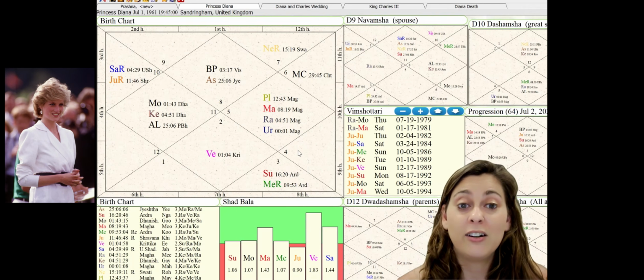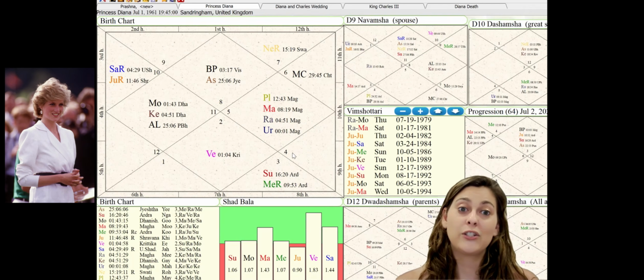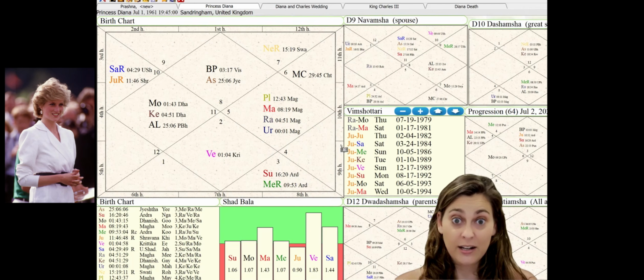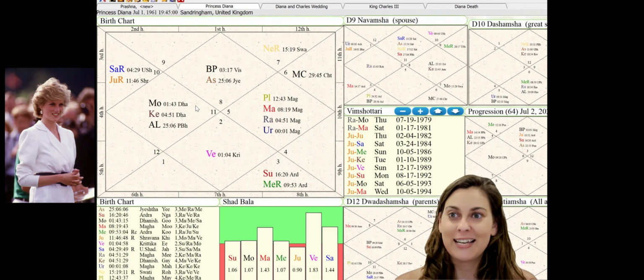And so if we look at her, the 9th house is also the father, and it's in Cancer, showing that she saw her father as Cancerian, an emotionally nourishing, safe space. The ruler of Cancer is the moon. The moon is here in her 4th house, so he's so close to her heart.